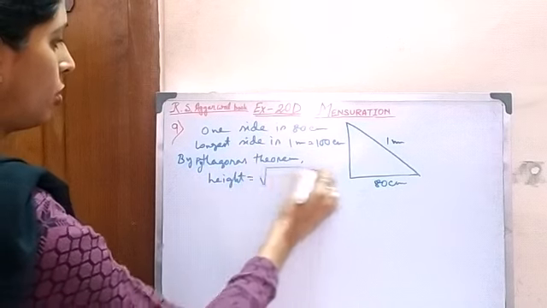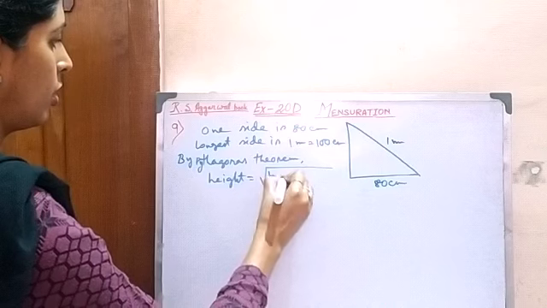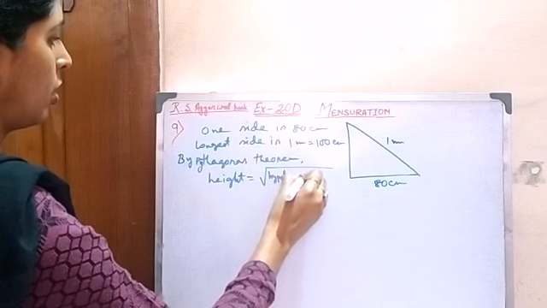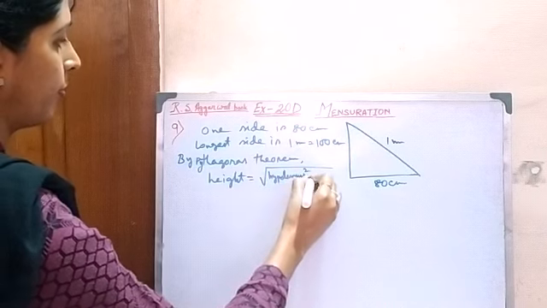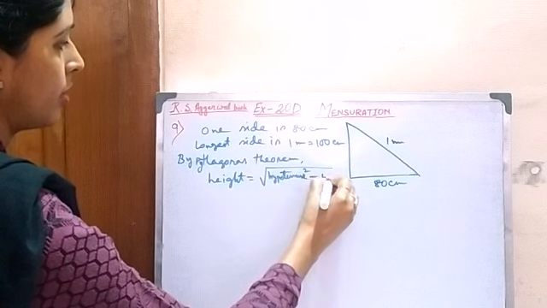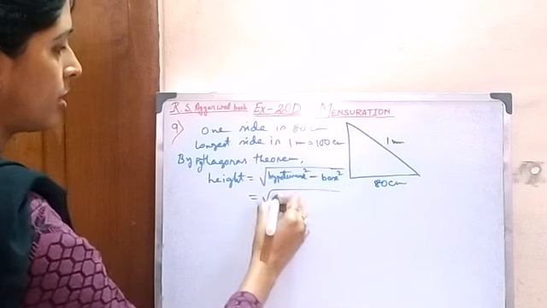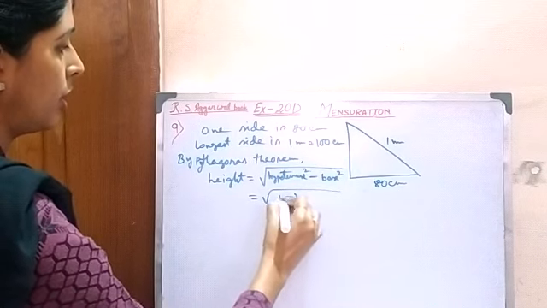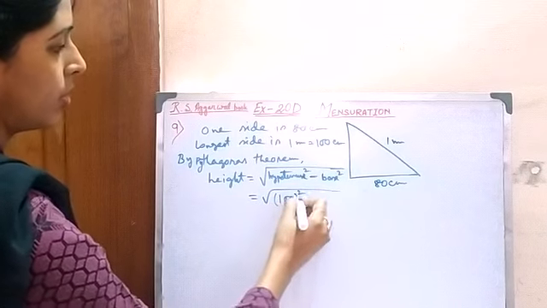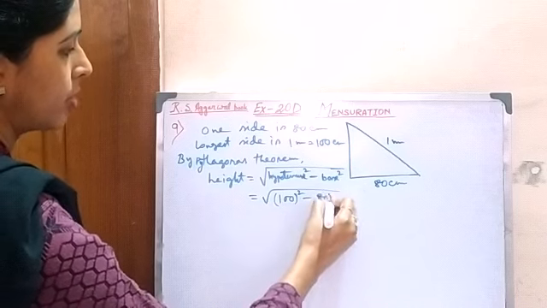Height equal to root over hypotenuse square minus base square. Hypotenuse square means 100 square minus 80 square.